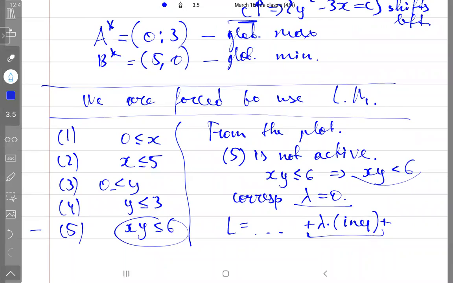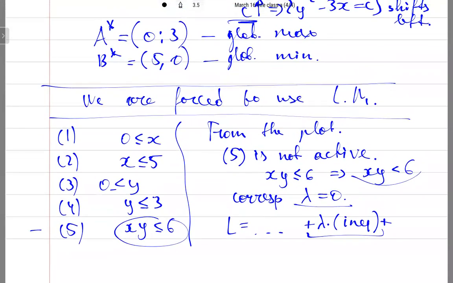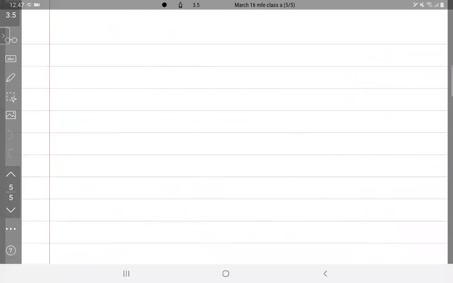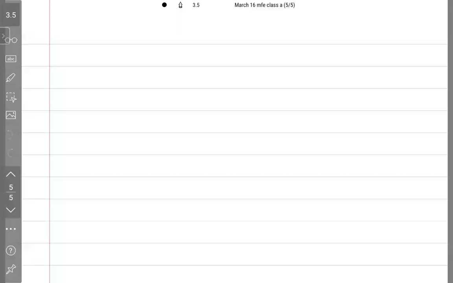We are forced to use an inferior method in this problem. Sometimes you cannot proceed graphically and you are left with the Lagrange multiplier method, and in that case it has the advantage. In this particular problem, the graphical approach obviously has the advantage.